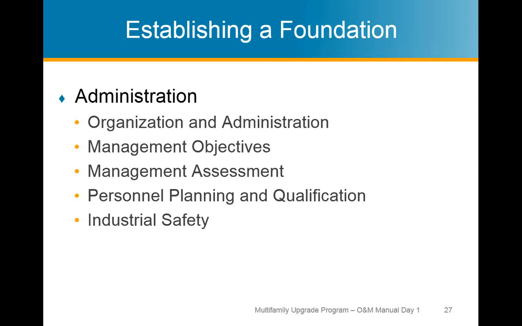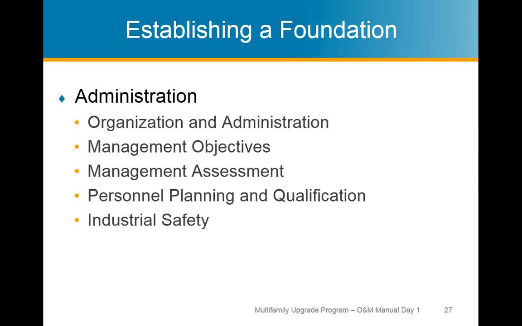And then some things, these last two bullet points seem obvious, but need to be said. Personnel planning and qualification. To ensure the best operating building, hire the best qualified individuals. Highly qualified individuals usually produce highly desirable results.